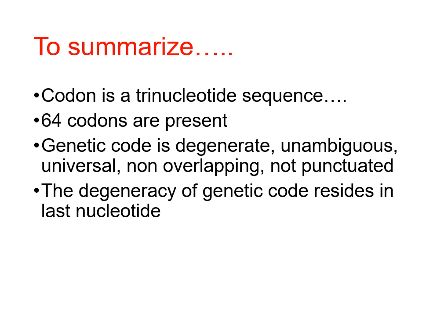Now the genetic code is degenerate, unambiguous, universal, non-overlapping and not punctuated. The degeneracy of the genetic code resides in the last nucleotide. And according to the wobble hypothesis, the base pairing between the third nucleotide of the codon and the corresponding nucleotide in the anticodon may not be strictly based on the Watson and Crick base pairing rule.